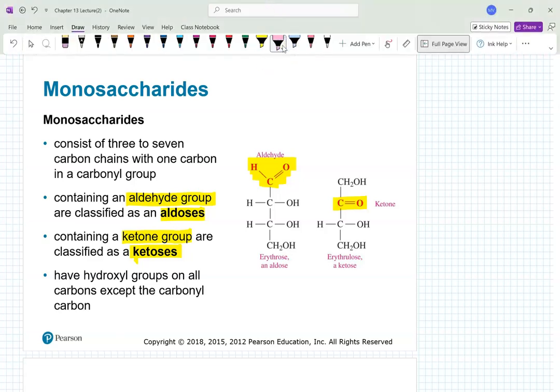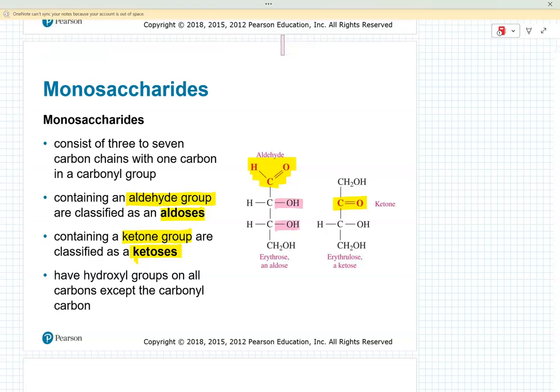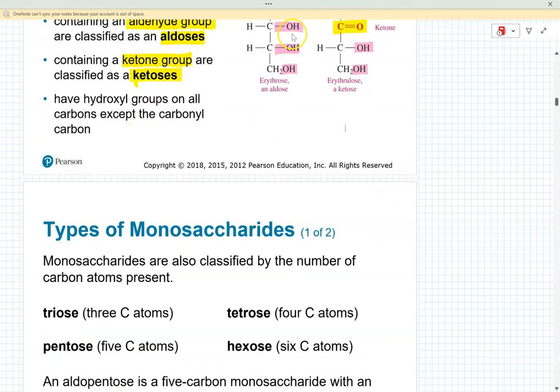So for instance, in erythrose, the terminal carbon has the carbonyl group in the aldehyde, and then you have these OH groups. In erythrulose, the second carbon is connected to oxygen in a keto group, and other carbons have OH groups next to them. So they have a lot of oxygens, as you can see.